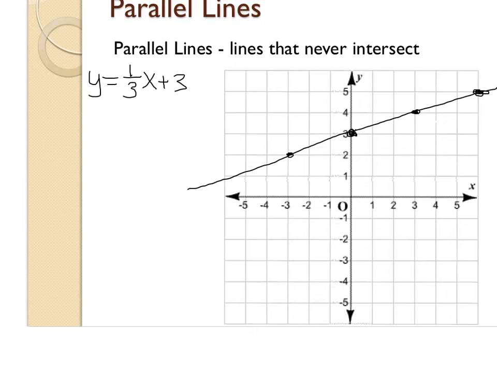If I have another line, let's say y equals 1/3 x minus 2, that line is going to go through at -2. But it is still going to go up 1/3 in order to get to subsequent points.